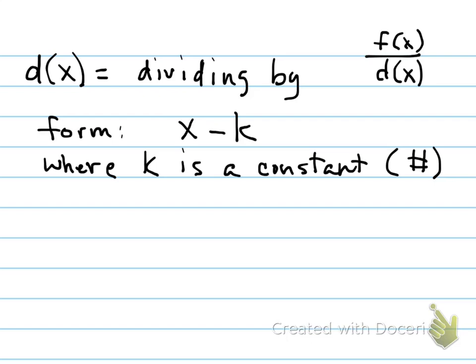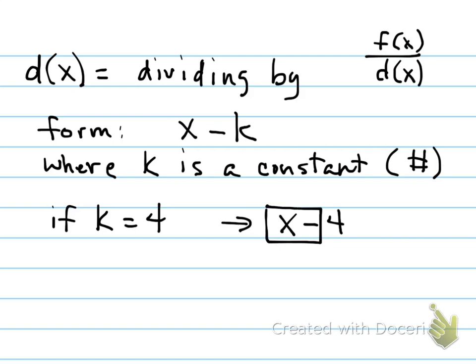Well, I want to look at some. If I put down some divisor, some d of x's, and it's x minus k, and all I want is the k, look what happens if I want to write it as x minus k. If k equals 4, for example, then x minus k is simply x minus 4. The x minus comes from here, and k is just the number.